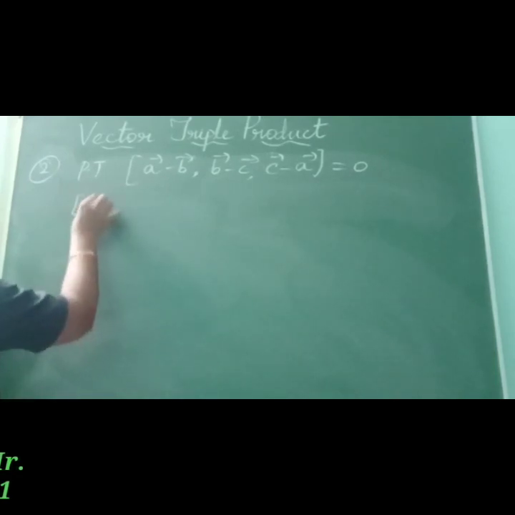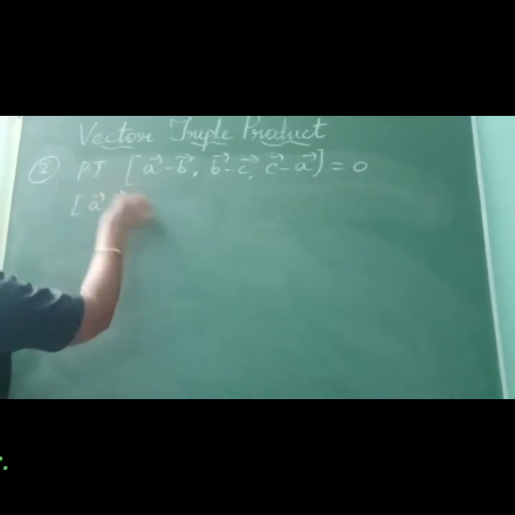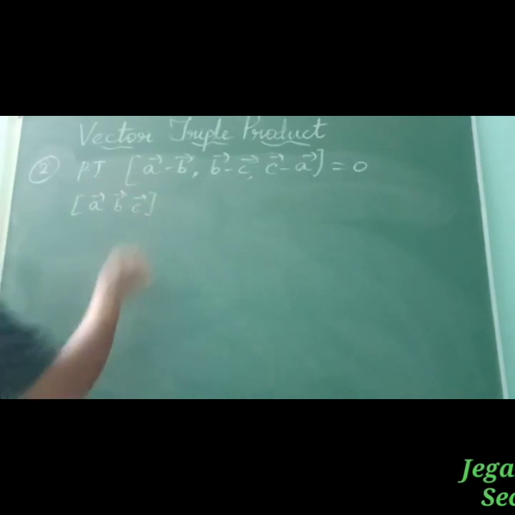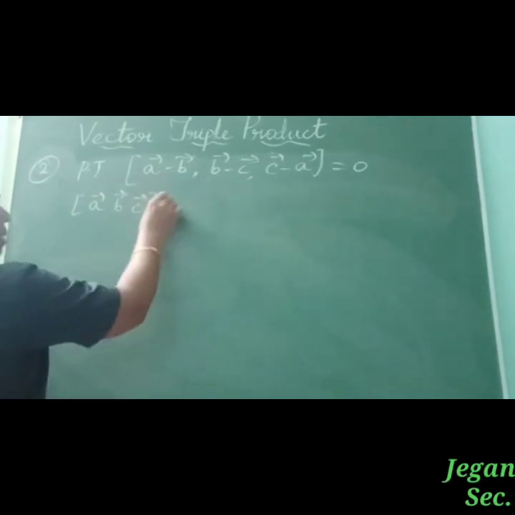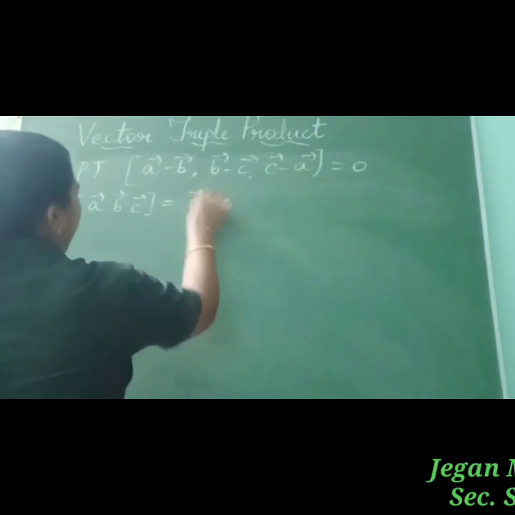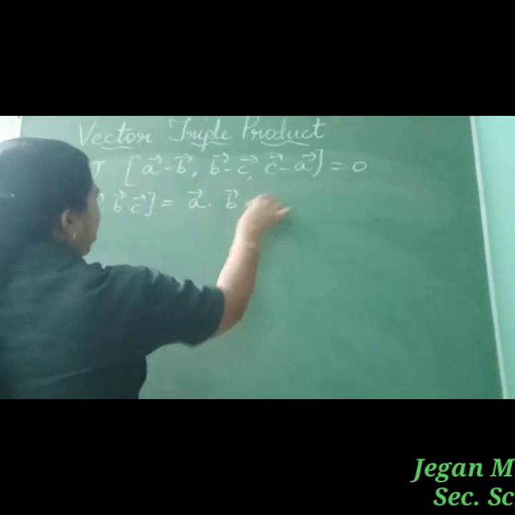We know the box product of A, B, C is the scalar triple product, which can be written as A dot B cross C.